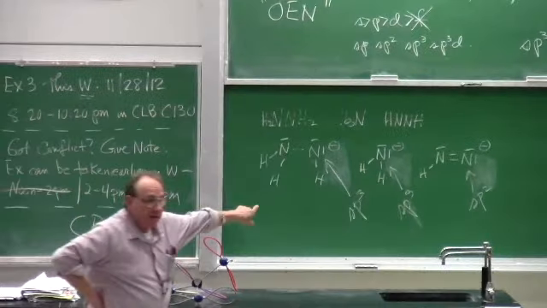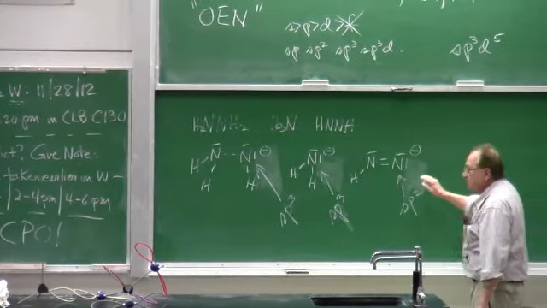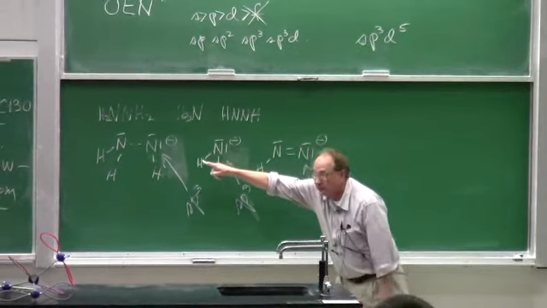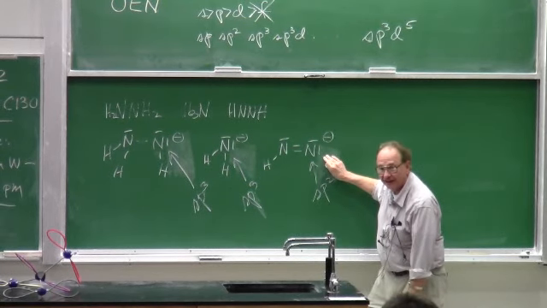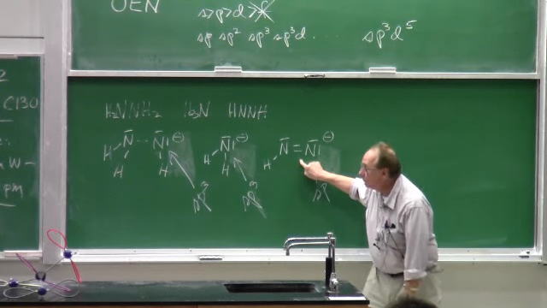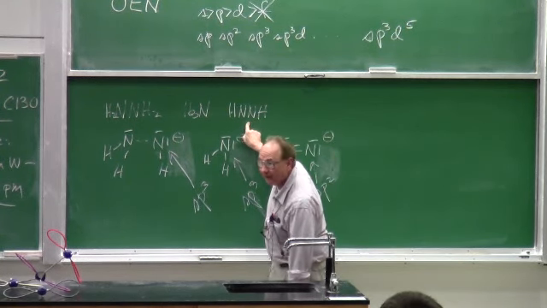That means the electron density on this nitrogen atom is stabilized to a greater extent or lesser extent than the negative charge density on these nitrogens. Greater extent, which makes this the most stable and weakest of these 3 bases, which makes this the strongest acid. And that's how the game is played.